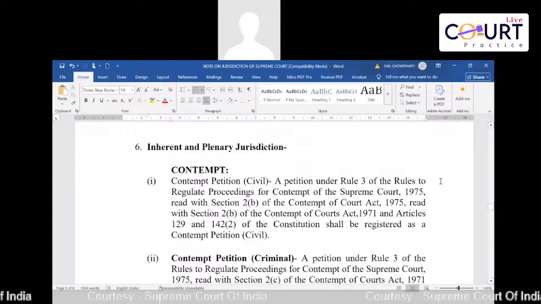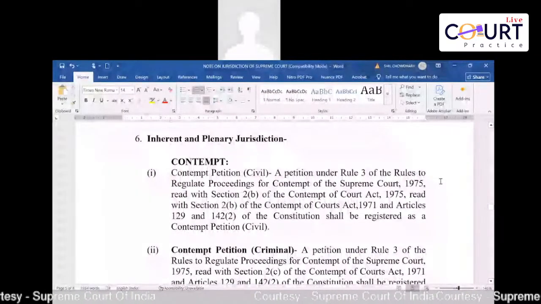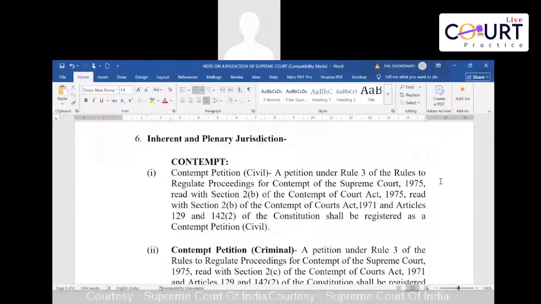And what is plenary jurisdiction? Article 142 of the Constitution gives very wide power to the Supreme Court for doing complete justice in a cause or in a matter. On various occasions, the Supreme Court has invoked Article 142 to do complete justice.